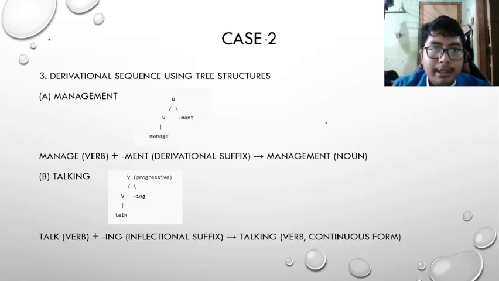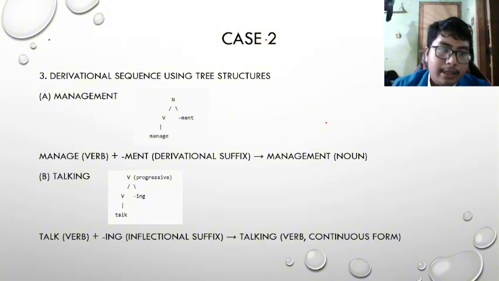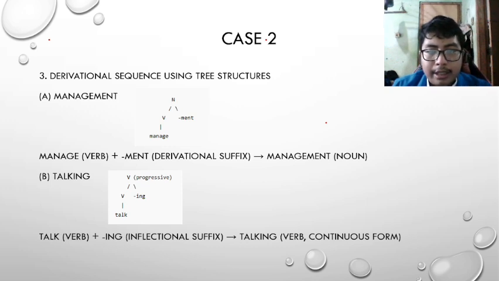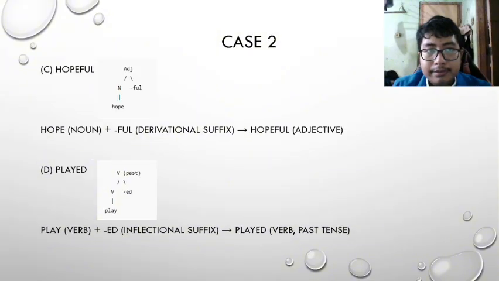For number three, derivational sequence using tree structure. Manage is a verb plus -ment as a derivational suffix, and it becomes management, a noun. Talk as a verb plus -ing as an inflectional suffix becomes talking, a continuous verb.